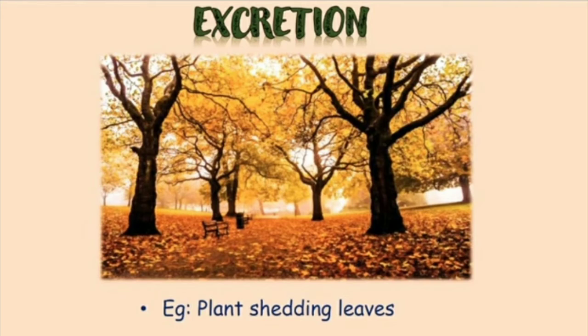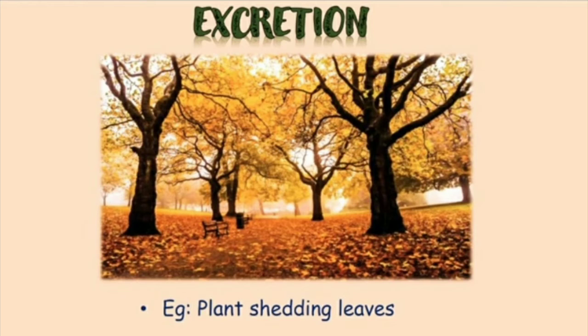For example, some plants shed their leaves in a specific season. Waste substances which are stored in the leaves of plants are shed along with the leaves. Understood? So, through shedding of leaves, plants show excretion.